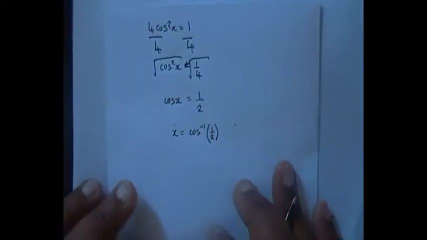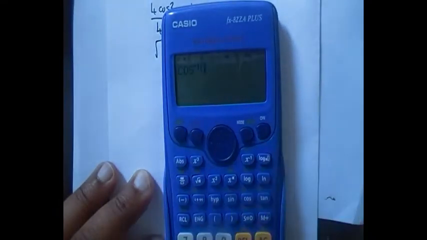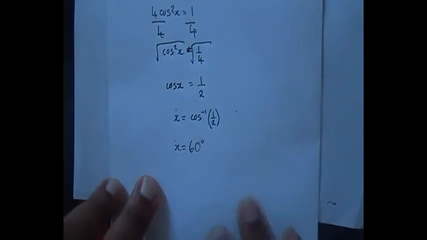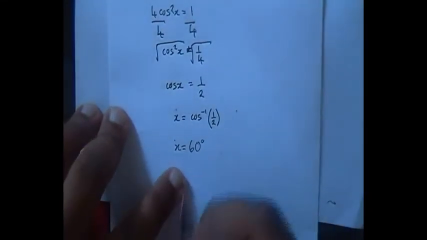Now I need to find my reference angle. So x is going to be equal to the cos inverse of a half, which is 60, which I think maybe some of you picked up from your special angles. This is the reference angle.